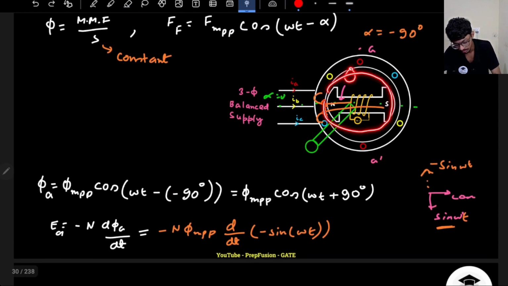The MMF was only Ff due to the field windings, but the armature will also generate a flux that changes the resultant MMF in the air gap. That is what is known as armature reaction, what we have learned in DC machines as well.